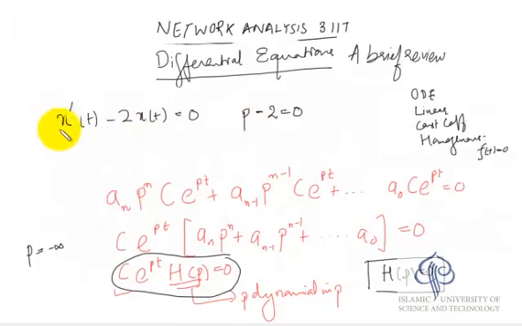So this is first derivative, so p to the power 1. This is the 0th derivative, there is no derivative term here, so p to the power 0, which is 1. So p minus 2 is 0, that means p is equal to 2. That means the solution to this is x(t) is equal to c e to the power 2t, and you can verify this by putting it in here.